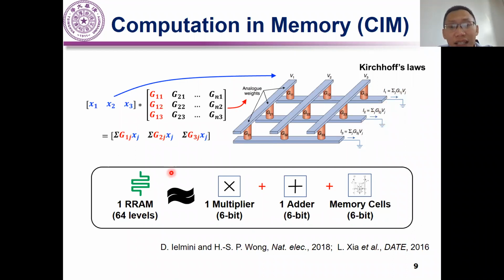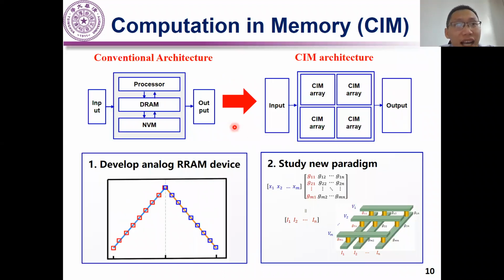And each multiply-accumulate needs only one memory cell, so it is very efficient. With CIM architecture, we can combine the computing unit and the memory unit into one CIM unit. The key research tasks for CIM are how to develop analog RRAM devices with good analog switching performance, and how to find a new computing paradigm for CIM.